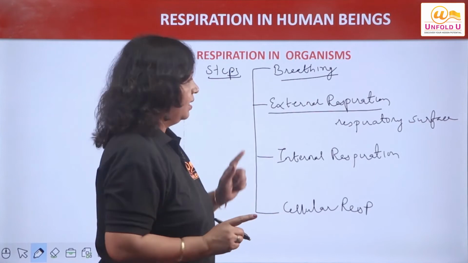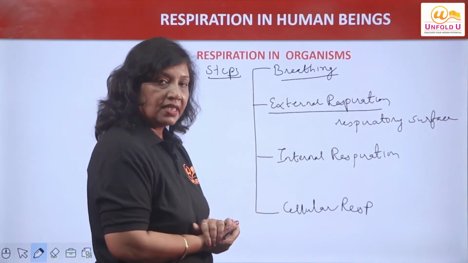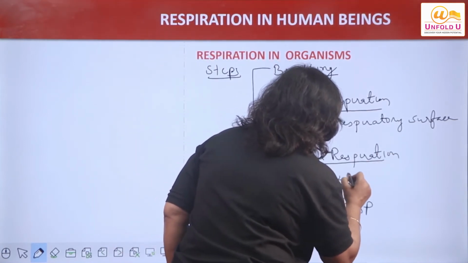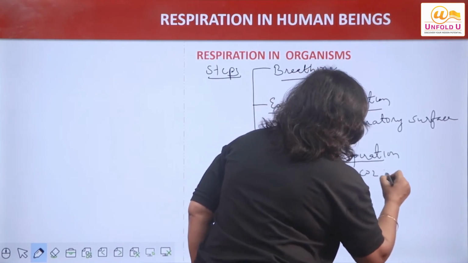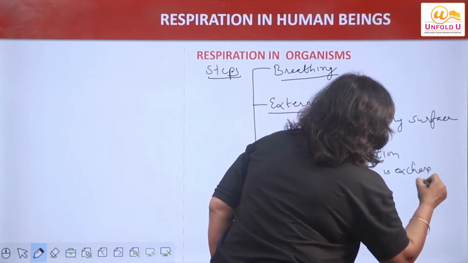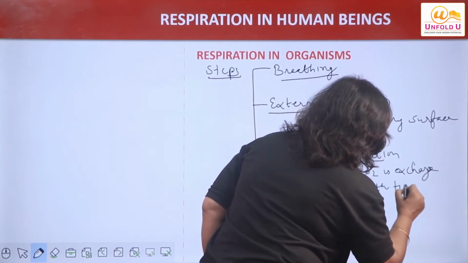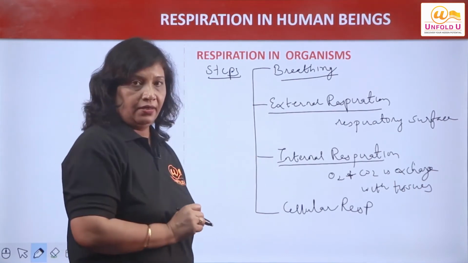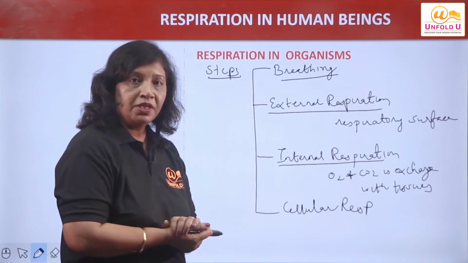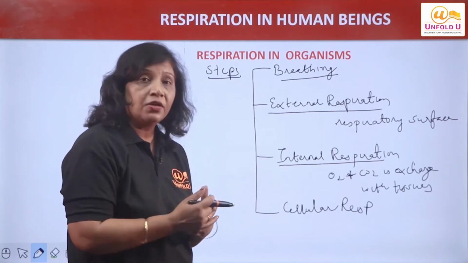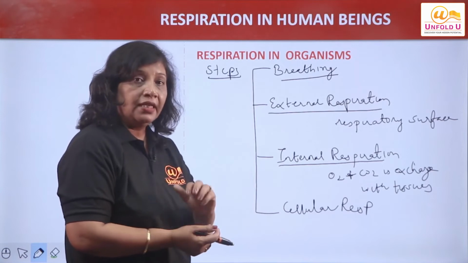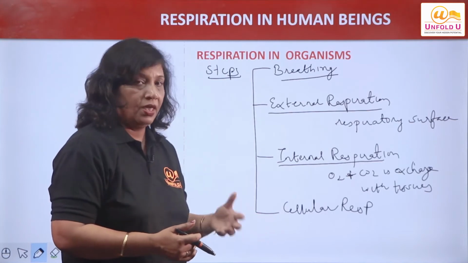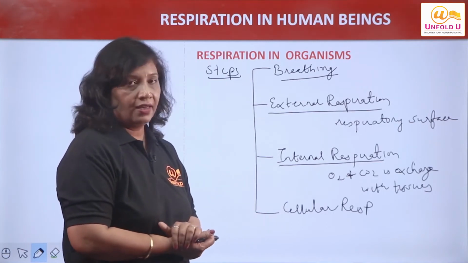When oxygen and carbon dioxide are exchanged with the cells and tissues, at the tissue level, we call it internal respiration. Lastly, what is cellular respiration? When the oxygen is utilized for the breakdown of the respiratory substrate and carbon dioxide is produced, that is called cellular respiration.